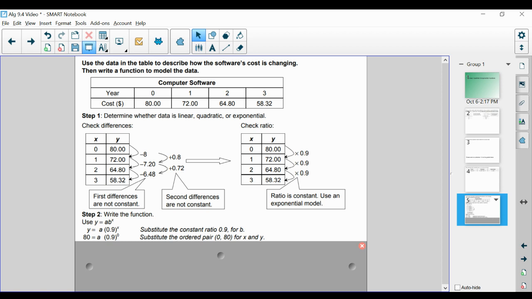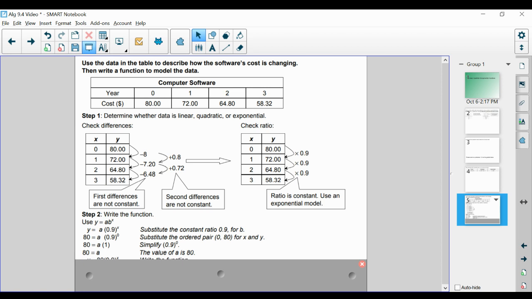So we now have 80 is equal to a times 0.9 raised to the 0th. We can simplify 0.9 to the 0th power because anything raised to the 0th power is 1. So that means that a has to be 80. Once we find a, we can substitute it into our main formula. We have y is equal to 80 times 0.9 raised to the x.